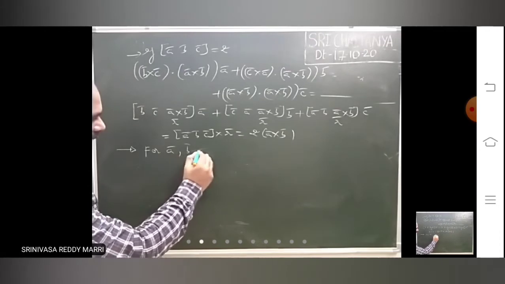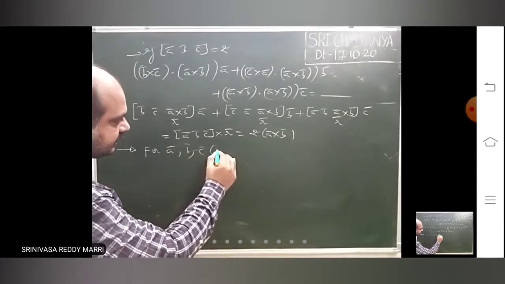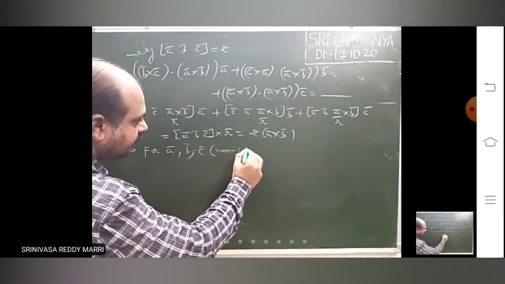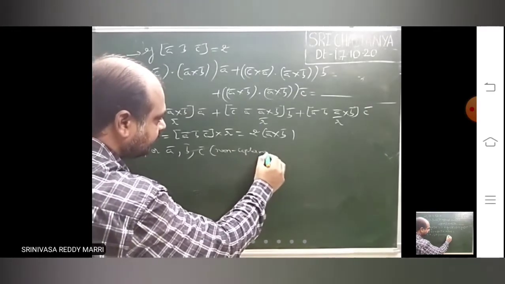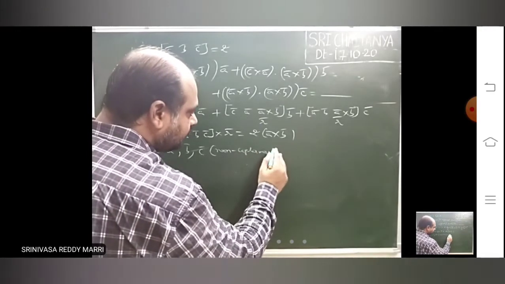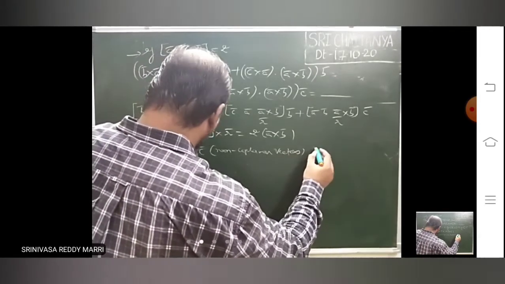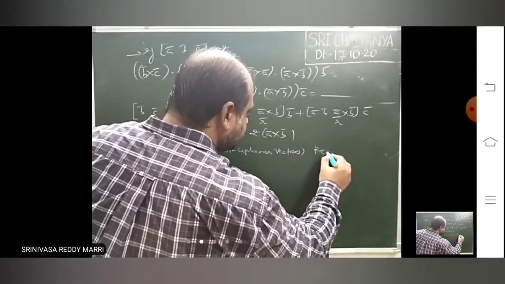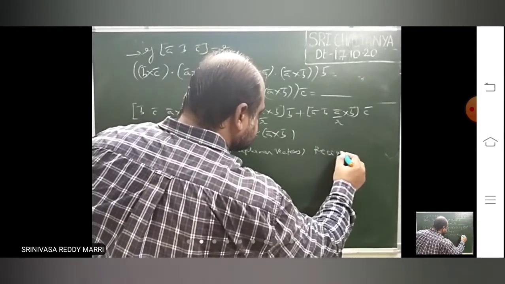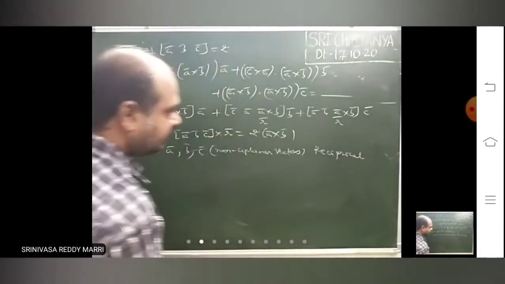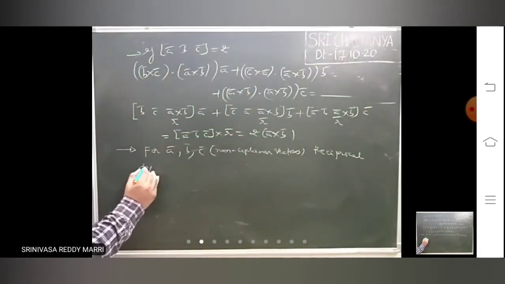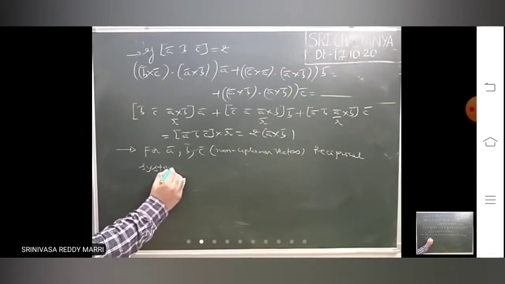For A bar, B bar, C bar, let us say they are non-coplanar vectors. Reciprocal system of vectors.